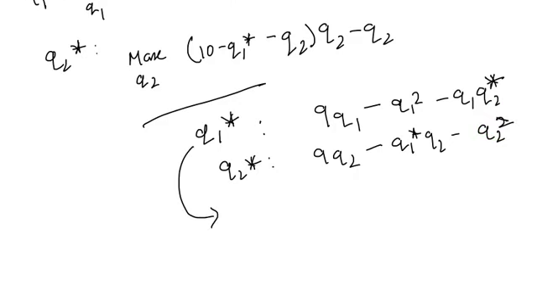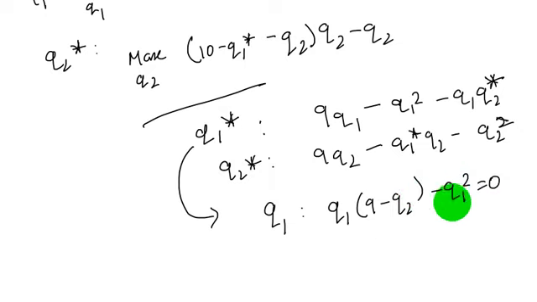Now for Q1 we can solve this by taking Q1 common, therefore 9 minus Q2 minus Q1 square equals 0. Therefore Q1 equals 9 minus Q2 by 2.